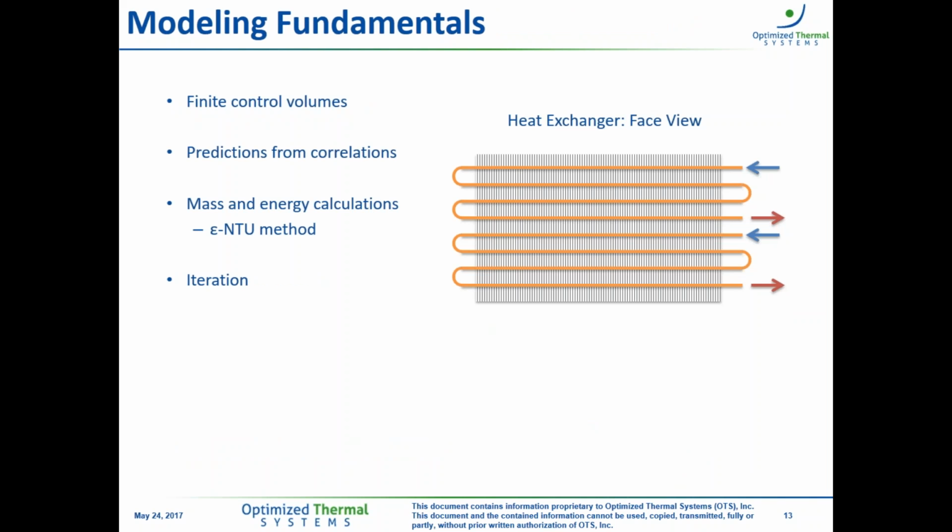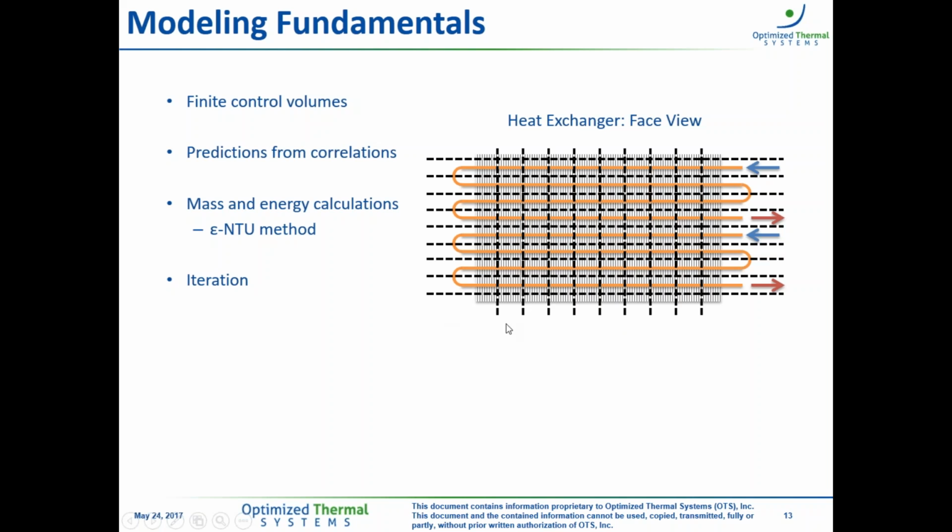So moving into the modeling aspect, I just want to cover very basic fundamentals of heat exchanger modeling here. Here on the right side, I have a simple visualization of a heat exchanger. When we want to model a heat exchanger like this, it's quite typical for simulation tools to break this type of heat exchanger up into a number of segments. So we may take this entire bulk heat exchanger and apply a grid to it, and break it into a number of small segments.